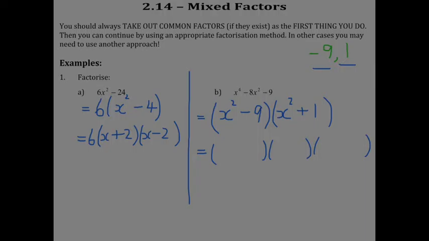But the first bracket, I know 3 times 3 is 9, so I get x plus 3, x minus 3, and that's x squared take 9 factorised further. X squared plus 1 doesn't simplify, so it's going to stay as x squared plus 1. And there's the answer to factorising that x to the power of 4 question.